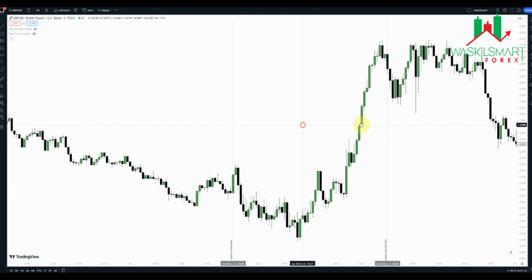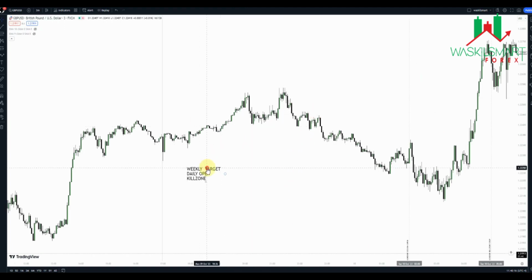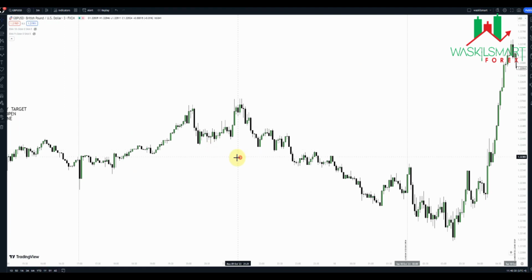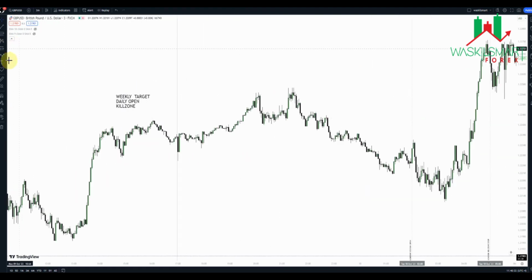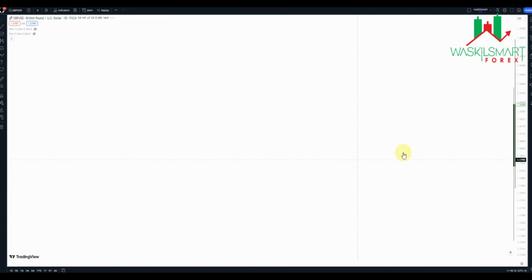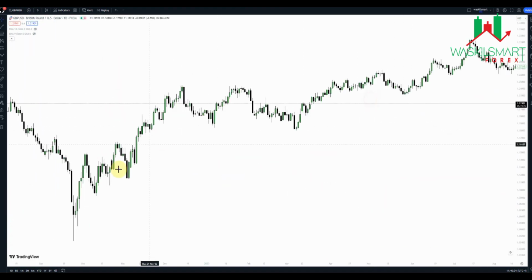Okay, let's check this on a GBP trade. I have this trade here. In these days, you can see the opening price. This was on October 23, so let's go to the daily.